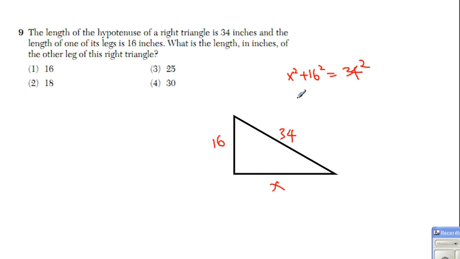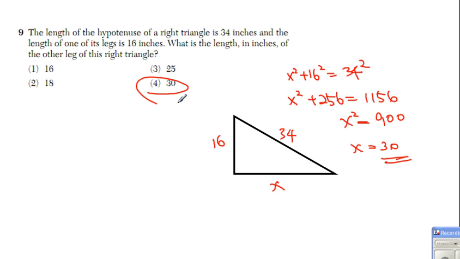Now here we have, this becomes x squared, and then plus this becomes 256. Now when you square 34, we will end up getting, I believe, 1156. So when you subtract 256, x squared will be equal to 900. That makes x, technically it's going to be plus and minus, but since we are looking at dimensions, x has to be positive too. There it goes, number 4.